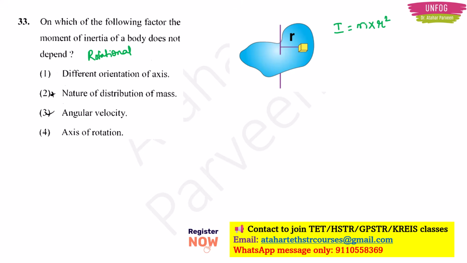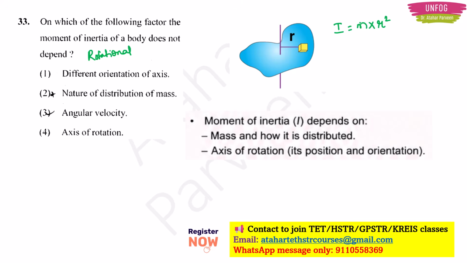R is the distance from axis of rotation. So what are the things on which the moment of inertia depends? With this formula only I can say that moment of inertia depends on the mass. It also depends on how the mass is distributed, and it depends on the axis of rotation. This axis of rotation gives the position and orientation of that body, right? So these are the three things on which the moment of inertia depends.